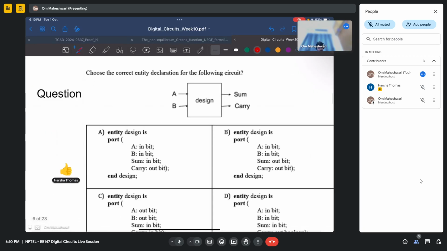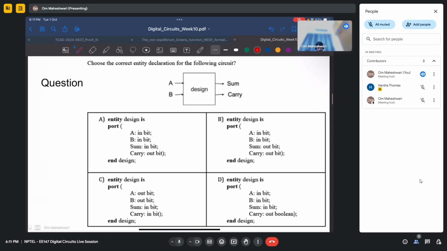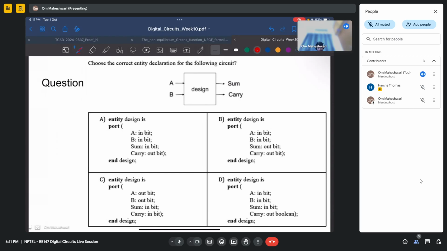Next question is, choose the correct entity declaration for the following circuit.